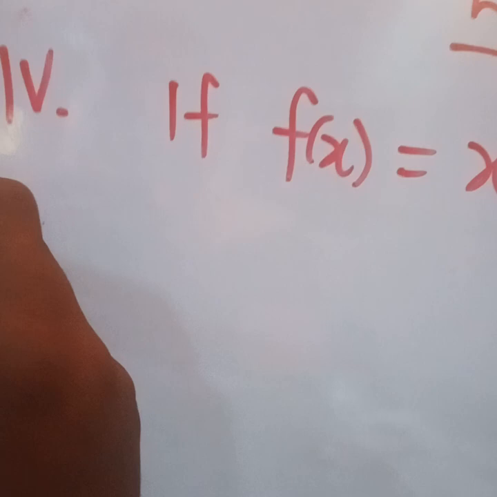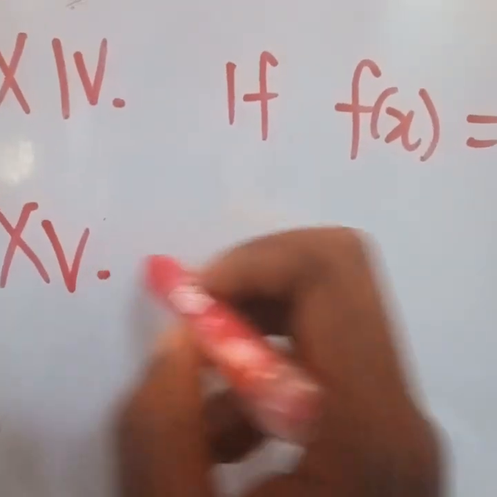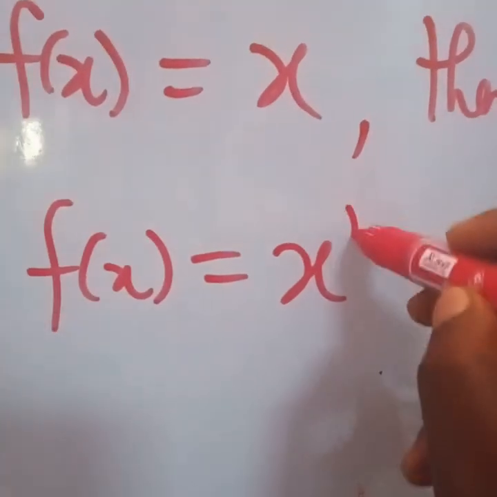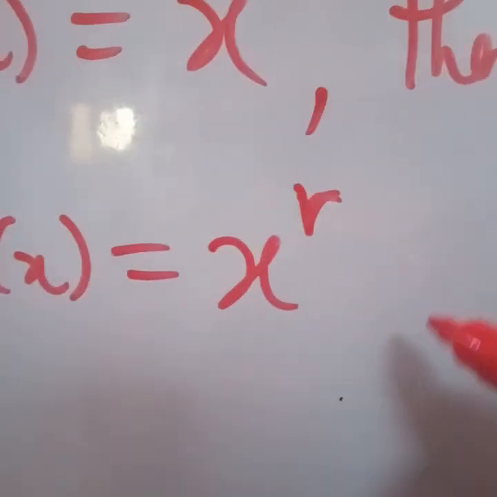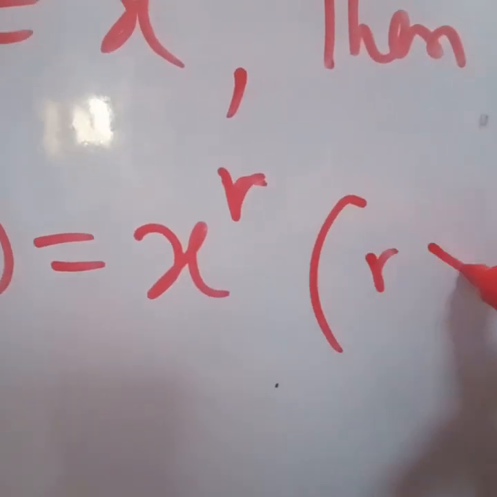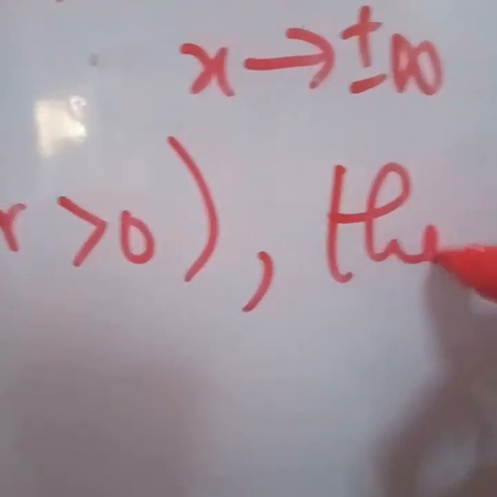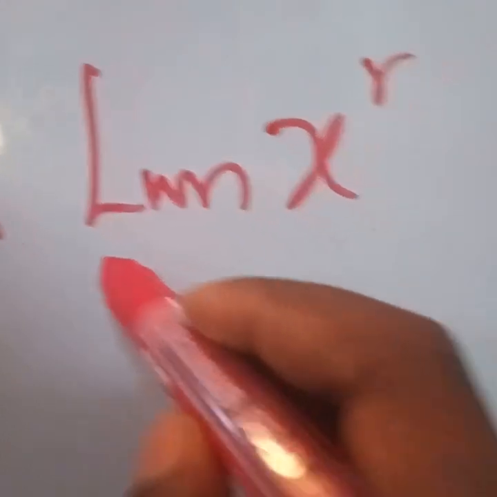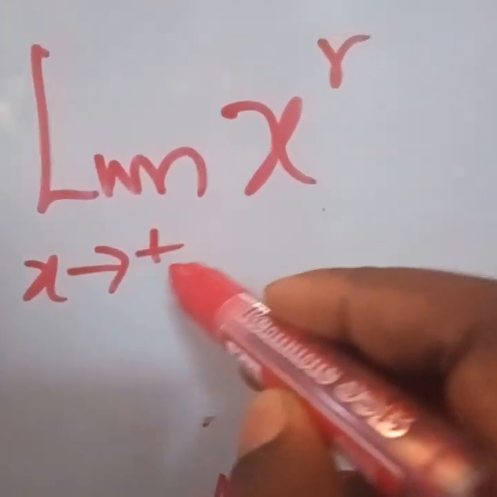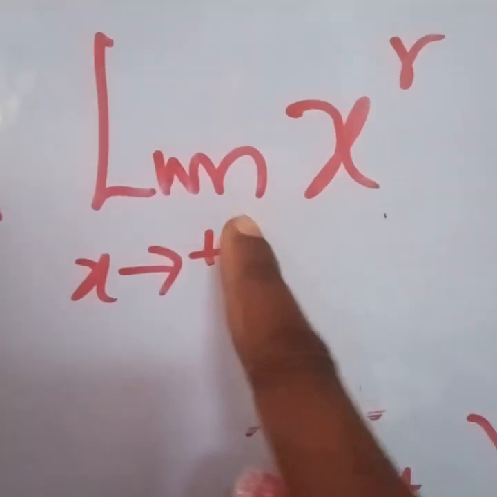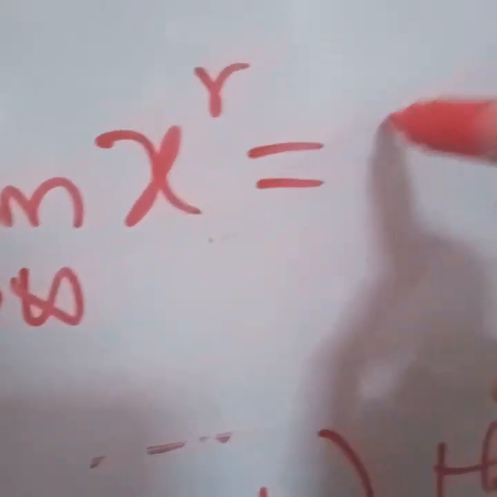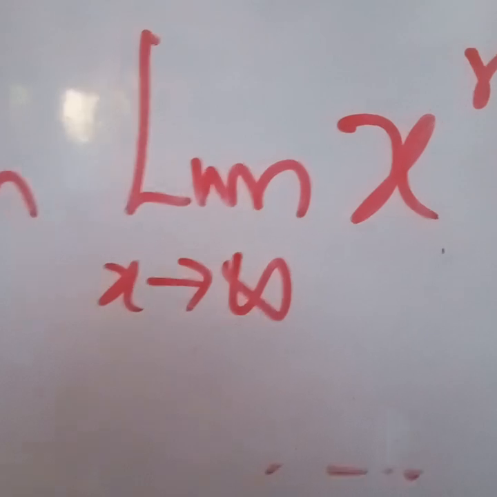Also, 15, the second special case, says if f of x is x raised to the power of r, where r is positive, then the limit of x raised to the power of r as x tends to positive infinity will be positive infinity.